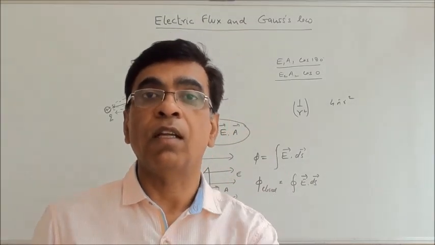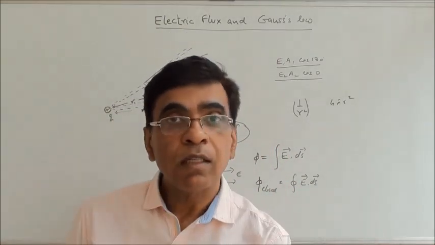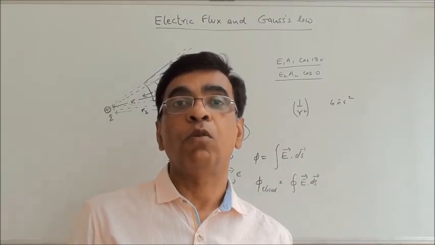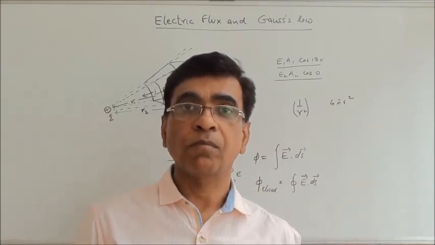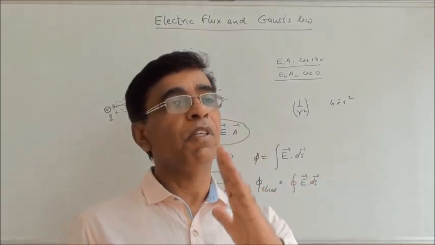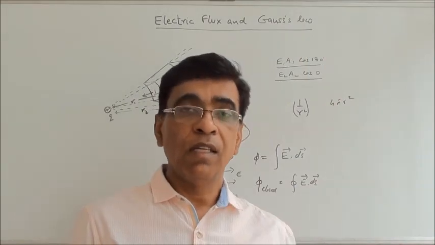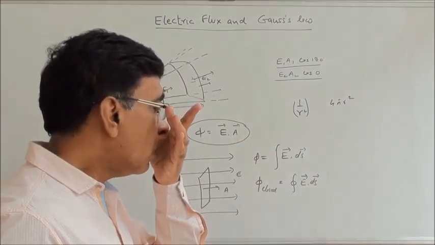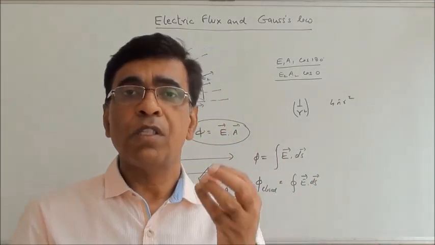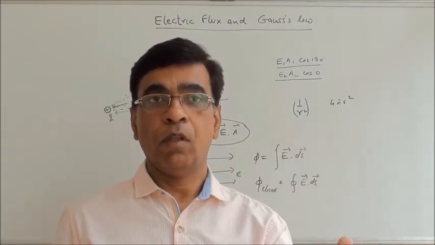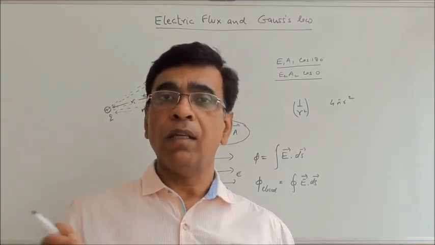So far we have done electric field due to point charge. Then we applied the same to find out the electric field due to an electric dipole. There also we used Coulomb's law and the superposition principle: we calculated field due to one charge, field due to second charge, and then found the resultant. But if I ask you to find out the electric field due to a charged shell or a charged cylinder, then again we can apply Coulomb's law.